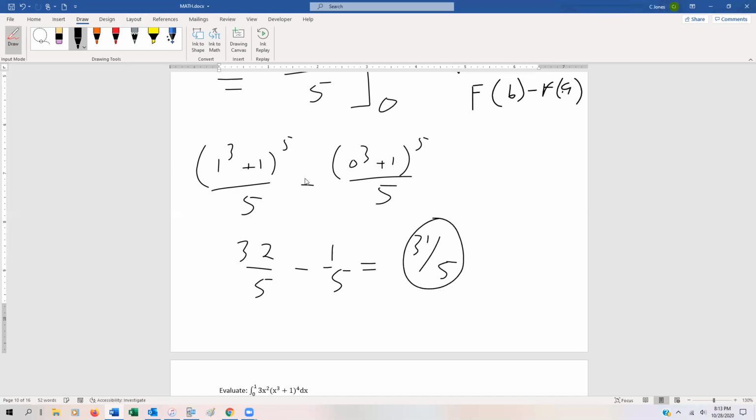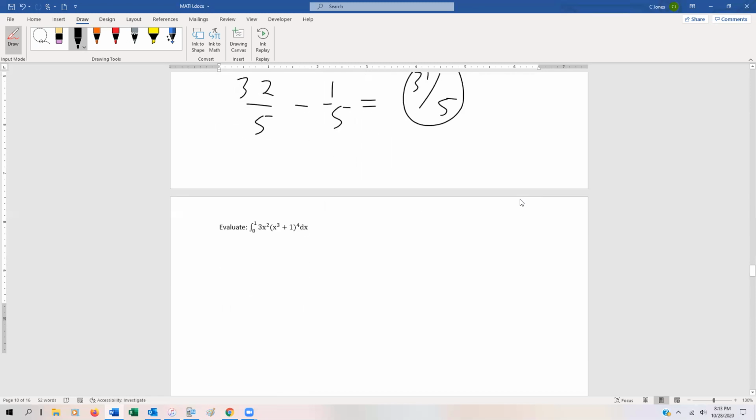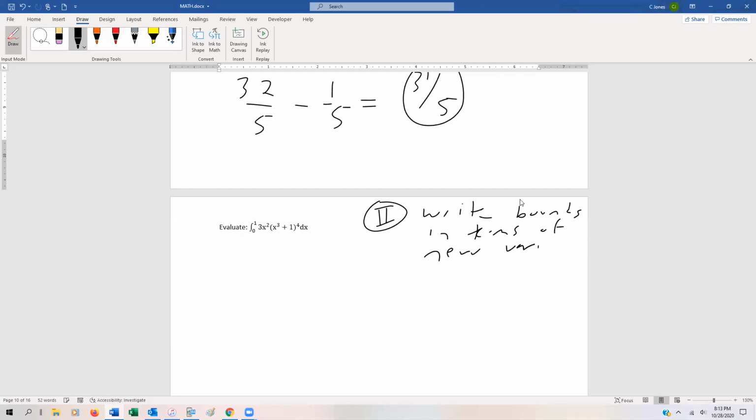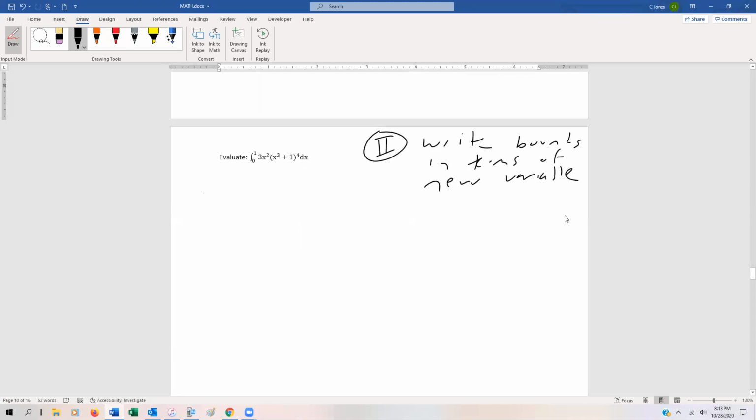Now let's look at the other technique. This is technique 2, and this is where we are going to write the bounds in terms of the new variable. So we're going to do the exact same stuff that we started with. u is going to be equal to x cubed plus 1. du is going to be 3x squared dx.